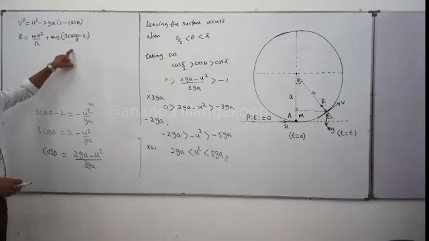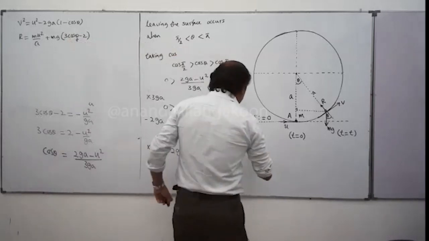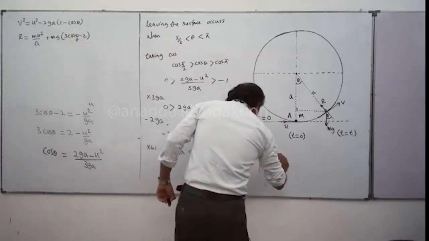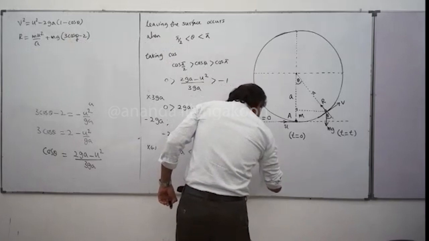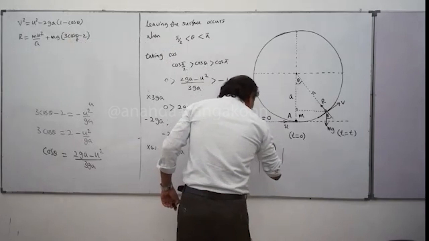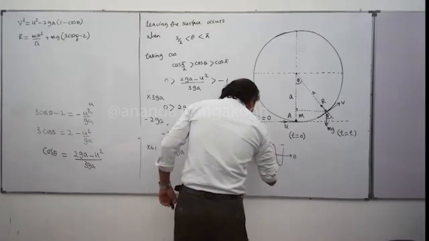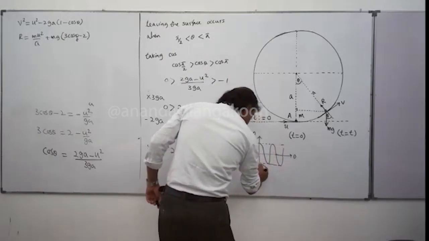But you know, the minimum value of cos theta is minus 1. You know the cos graph: cos 0 is 1, cos 180 is minus 1, and so on. On the theta axis, the highest value is 1 and the lowest value is minus 1.